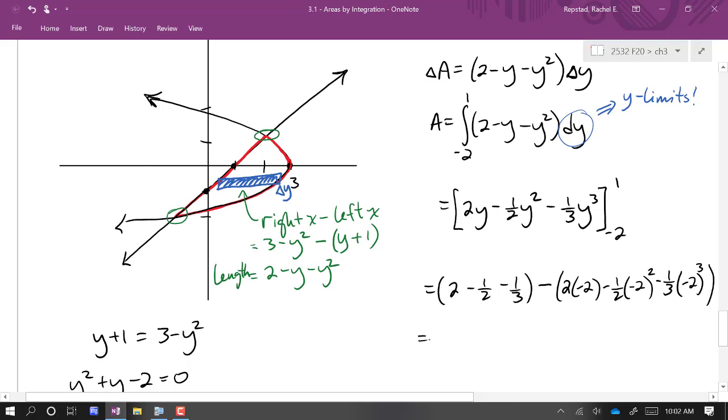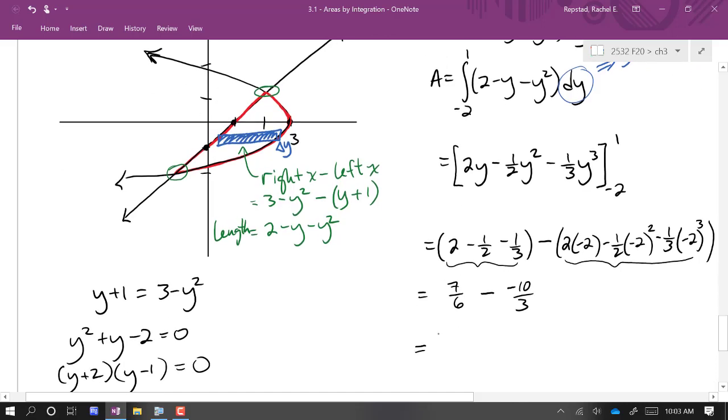If you evaluate this part in the calculator, you'll get 7/6, minus, and if you evaluate that part in the calculator, you will get -10/3. So 7/6 plus 10/3, and that simplifies to 9/2. Okay.